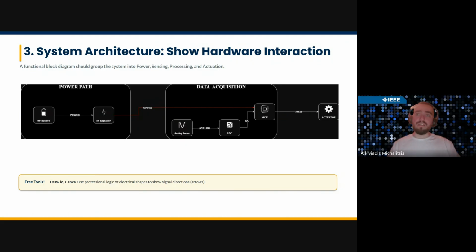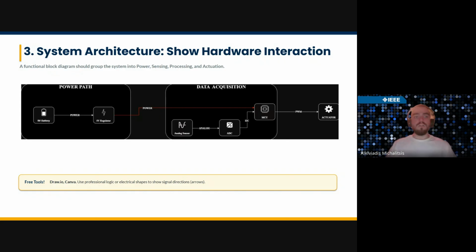Some of them, as I say here in the free tools, are Draw.io or even Canva, which has unlimited stuff that you can do there. And you can use professional logic or electrical shapes to show signal directions, arrows, etc. To make it a little more professional, and easier to understand even with just seeing it, without reading that this is the line that carries voltage, this is the line that carries amperage, and so on.